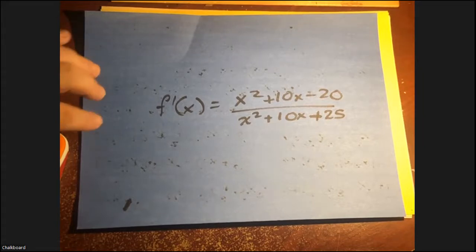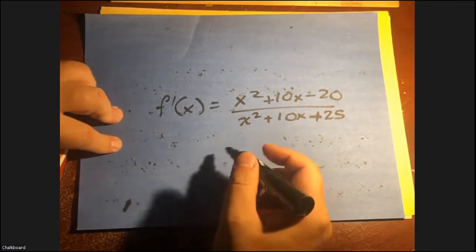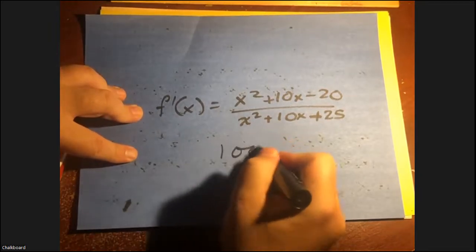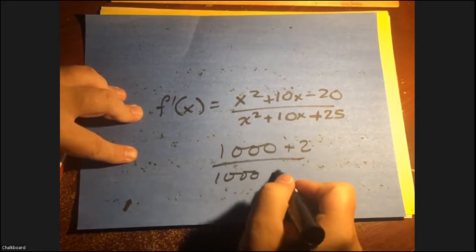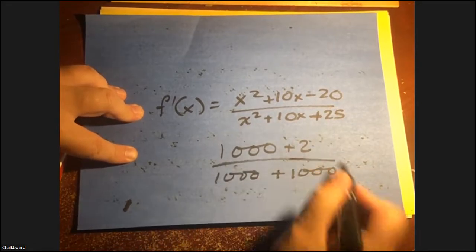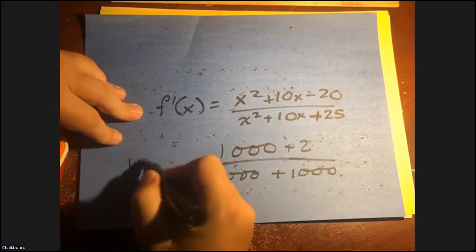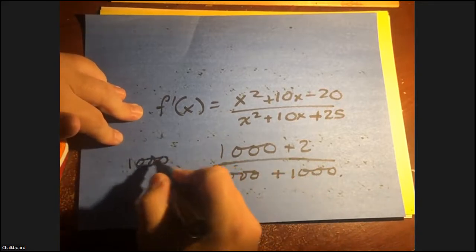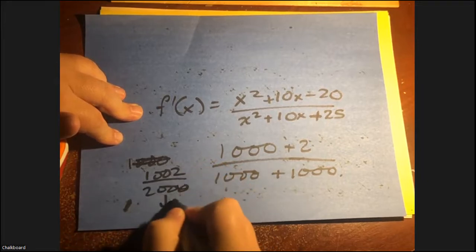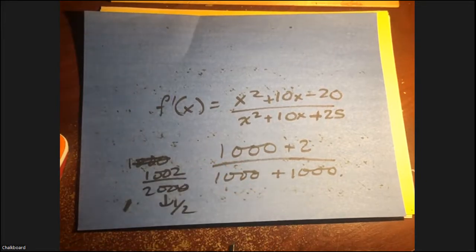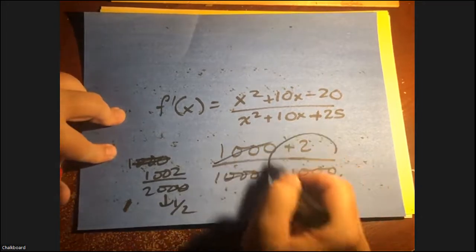All right, I'll give you a great example of why you can't do it. Here's one of my favorite fractions. 1,000 plus 2 all over 1,000 plus 1,000. This fraction right here is 1,002 over 2,000. It's almost a half. Almost. If I did this, look at what it becomes.